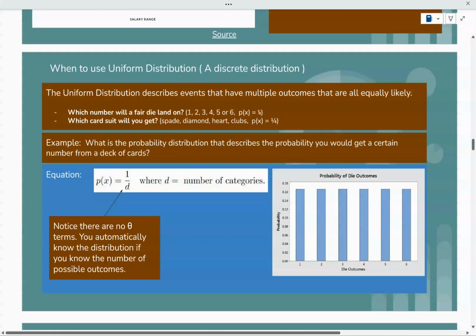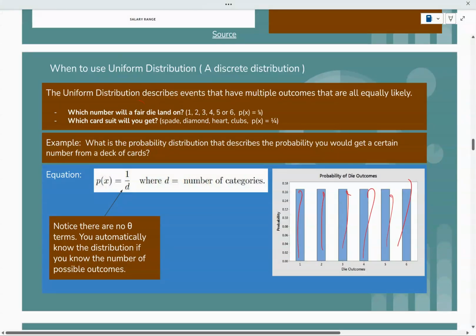All right. When to use the uniform distribution? That's the next one. Uniform distribution is a discrete distribution. Uniform is a categorical distribution. The only difference is you know ahead of time that every probability is exactly the same.